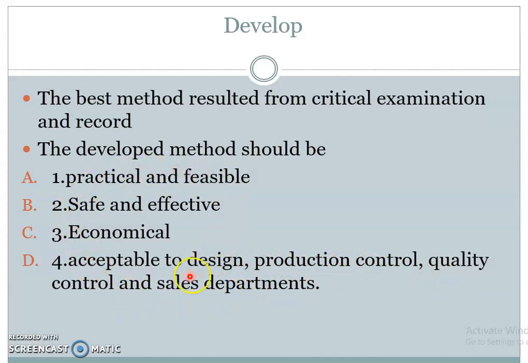So we have to keep in mind all these points while developing a standard method. The method should be workable in the factory or organization. It should be safe and prove its effectiveness. Also, it should be economical. It should be acceptable to all the departments like design, R&D, production control, quality control and sales.